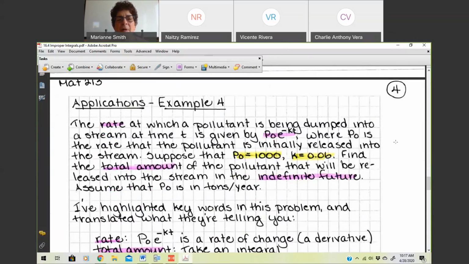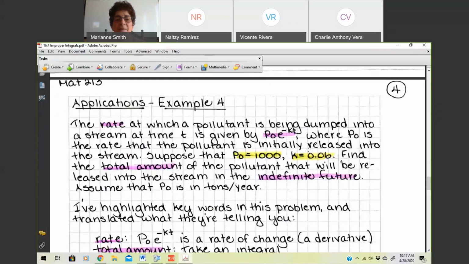So I have a rate at which pollutant is being dumped into a stream a certain time t after I start measuring. It's P0 e to the kt. Remember, we talked about this as a model for an exponential function. P0 is the initial amount, and k is your rate as you move forward.